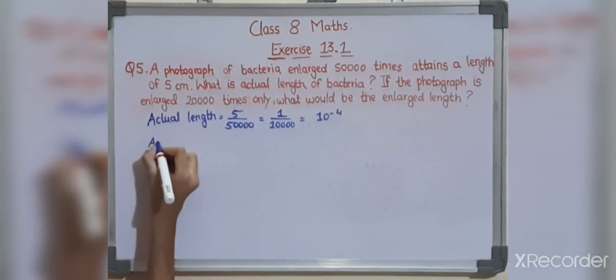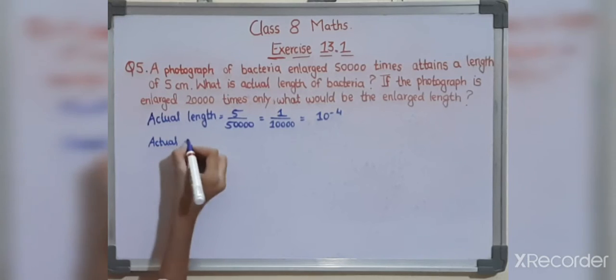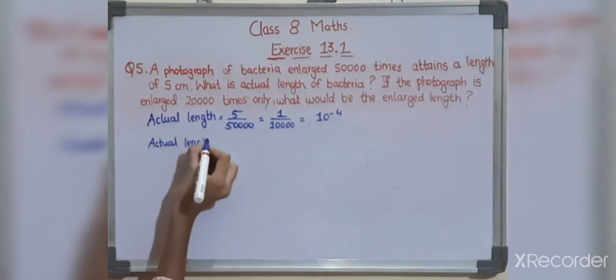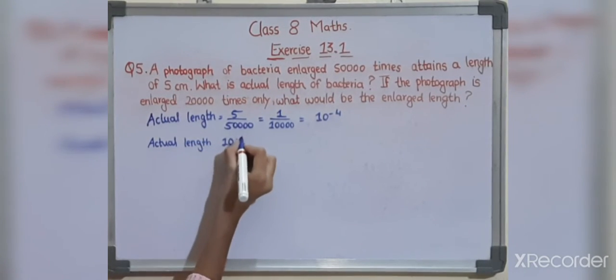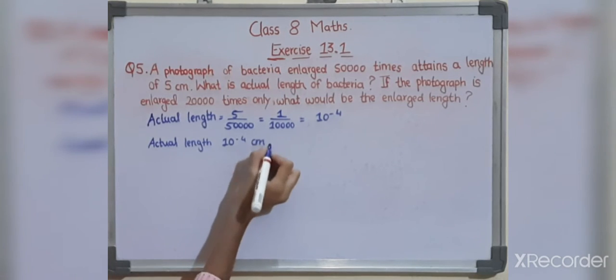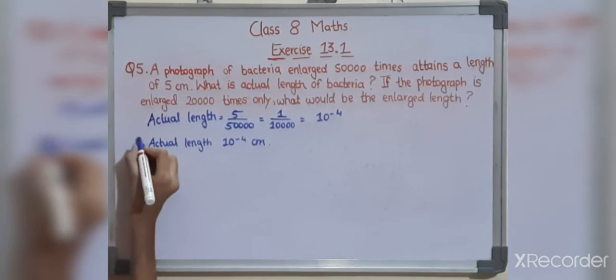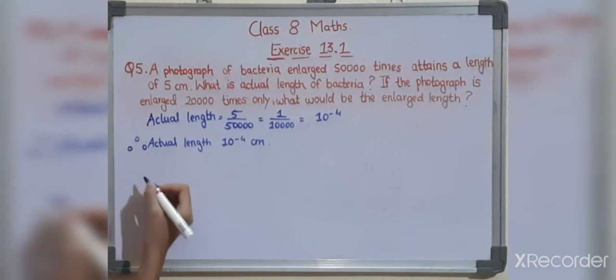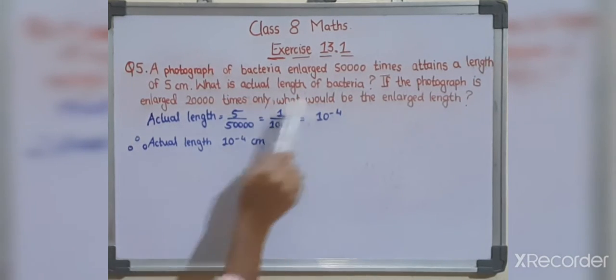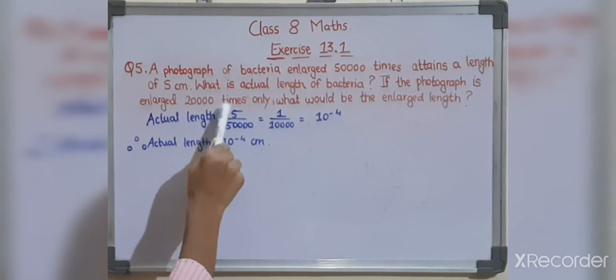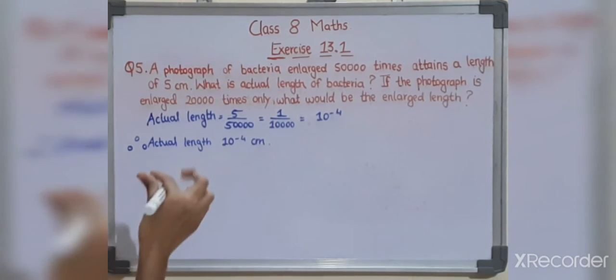So actual length here is 10 raised to minus 4 centimeter. Now we have found the actual length of the bacteria. Now we need to find out that if the photograph is enlarged 20,000 times, what would be the enlarged length?